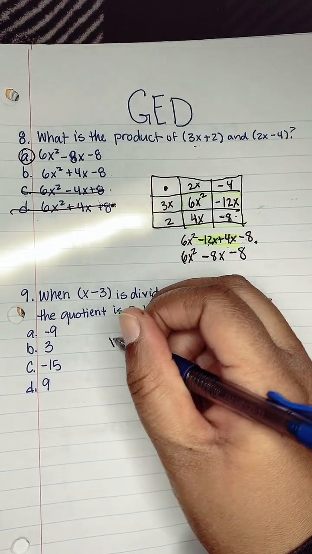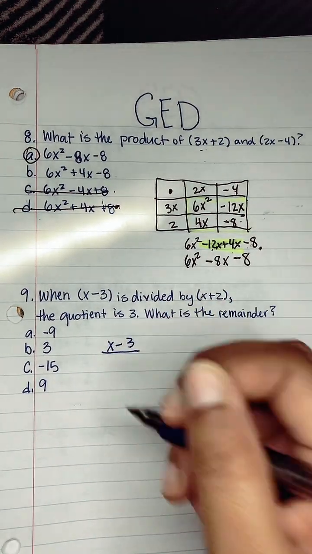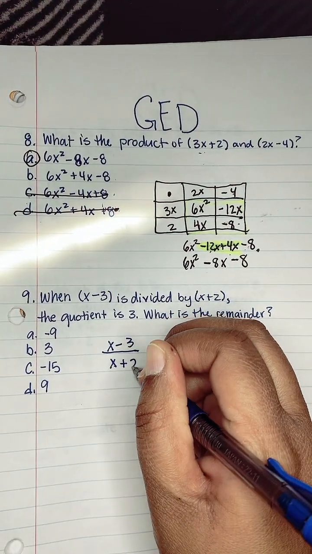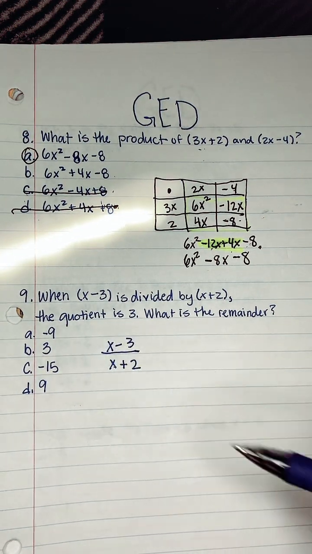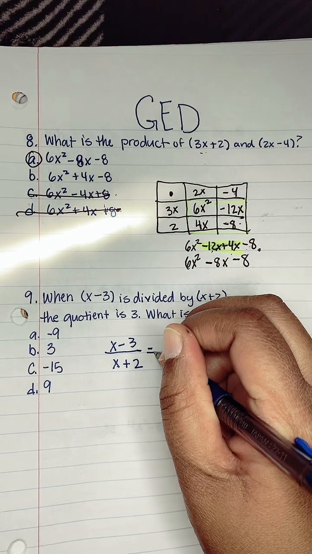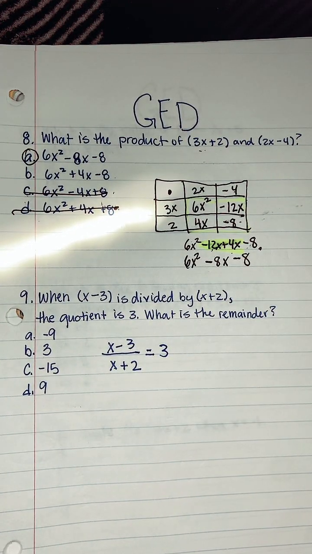So we have x minus 3 divided by x plus 2, and it says the quotient is, so that means that's equal to 3. What is the remainder?